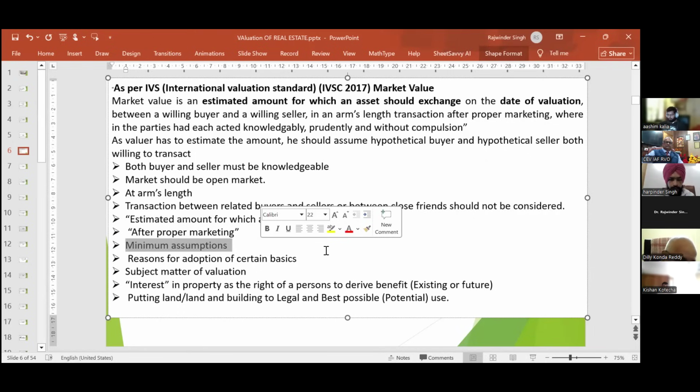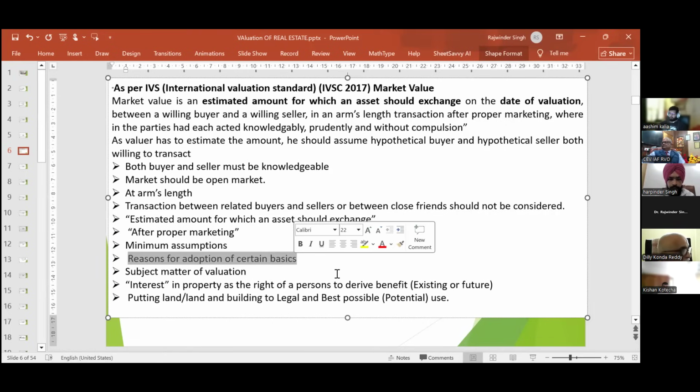Of course, you need to make certain assumptions when you are doing valuation. We will discuss them in the coming slides. But as of now, you should know that you should make minimum assumptions. And whatever things you have adopted, you should have reasons for adopting them. Why have you chosen the rate of that land per unit? You should have the reason for that.